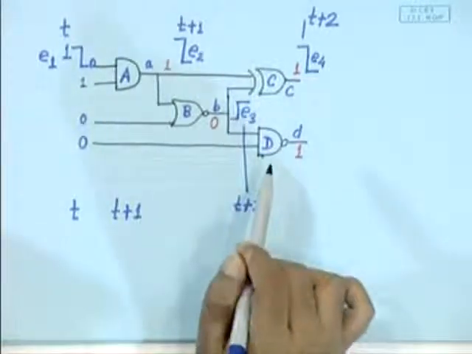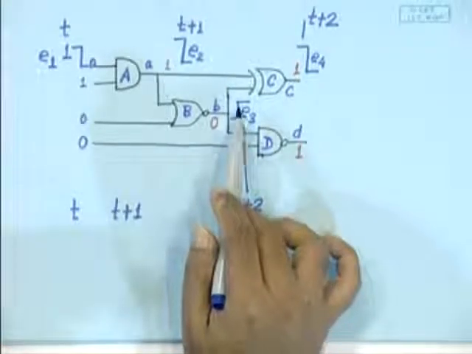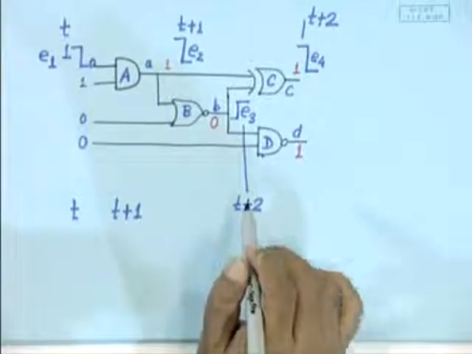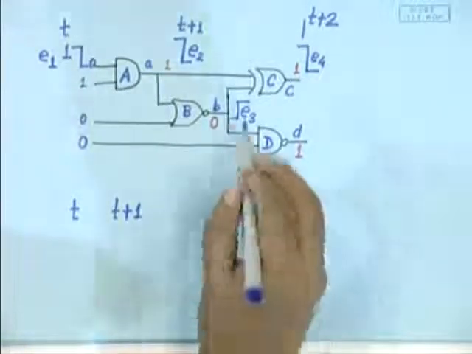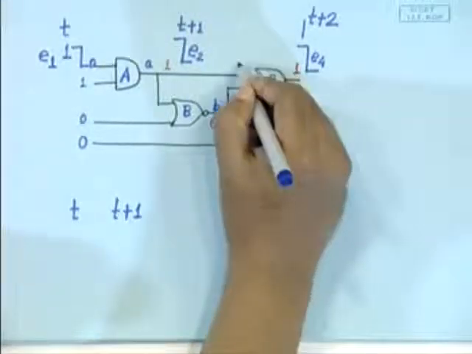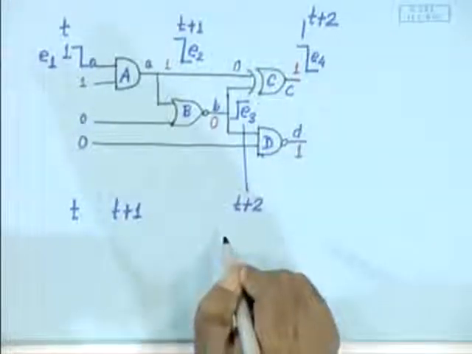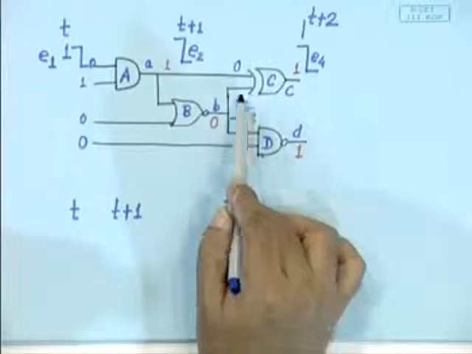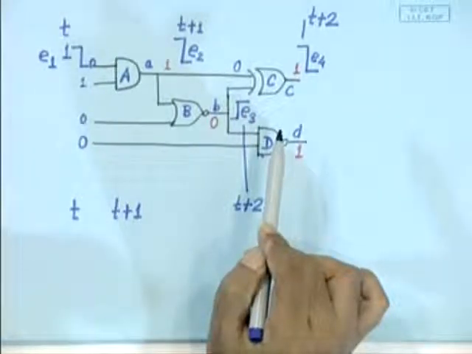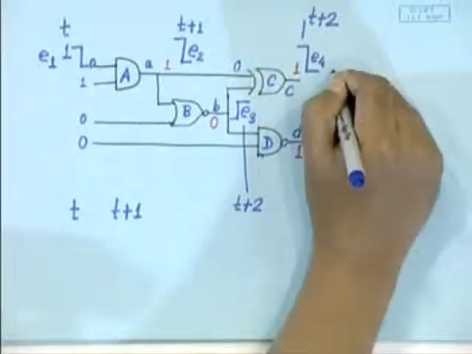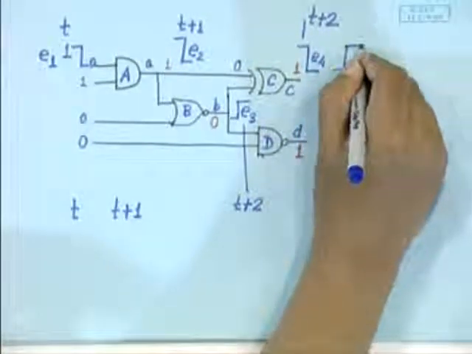What's going to happen here? This is a rise event here, right? At T plus 2, what is the value of this signal? 0, right? Now E3 rises to 1. So what is going to happen? There will be another rise transition here, right?